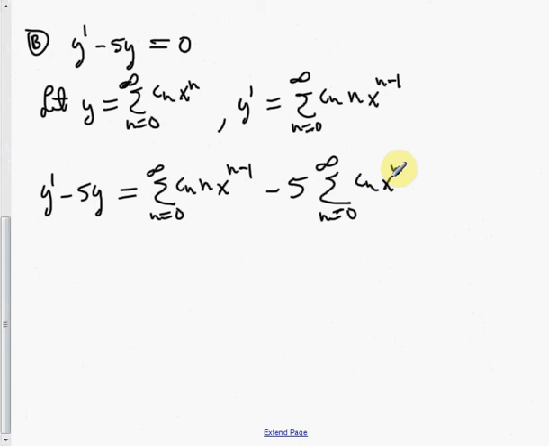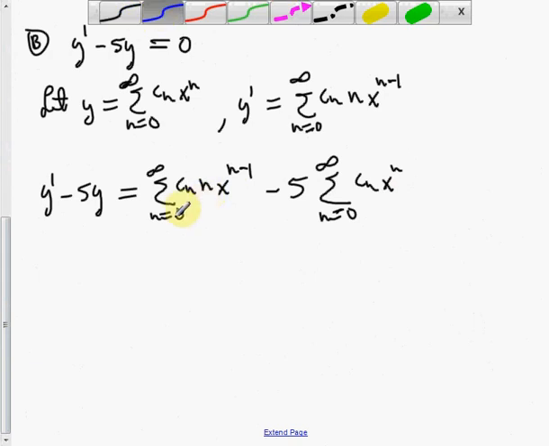Well, notice that for this first summation, it doesn't happen for the second one, but for the first one, if I evaluate the summation at n equal to 0, I get c sub 0, which is some constant that I don't know, times 0 times x to the 0 minus 1. Basically that 0 there, when n is equal to 0, makes that first term 0.